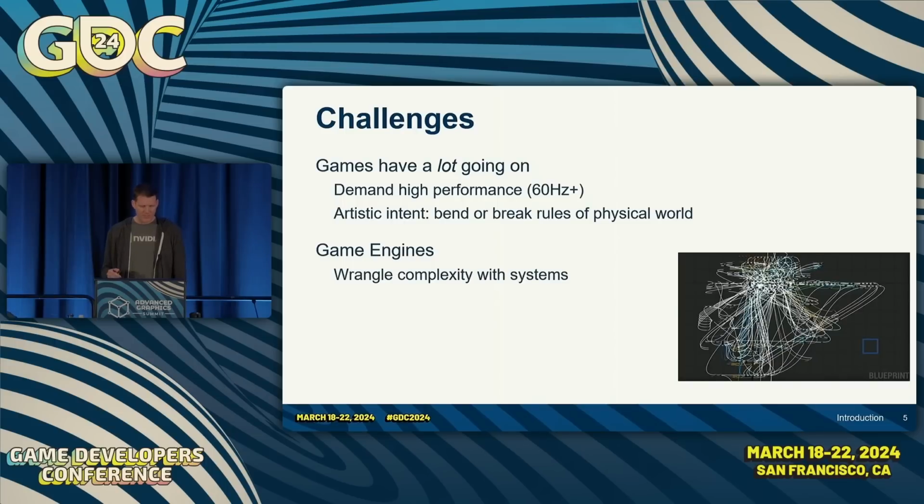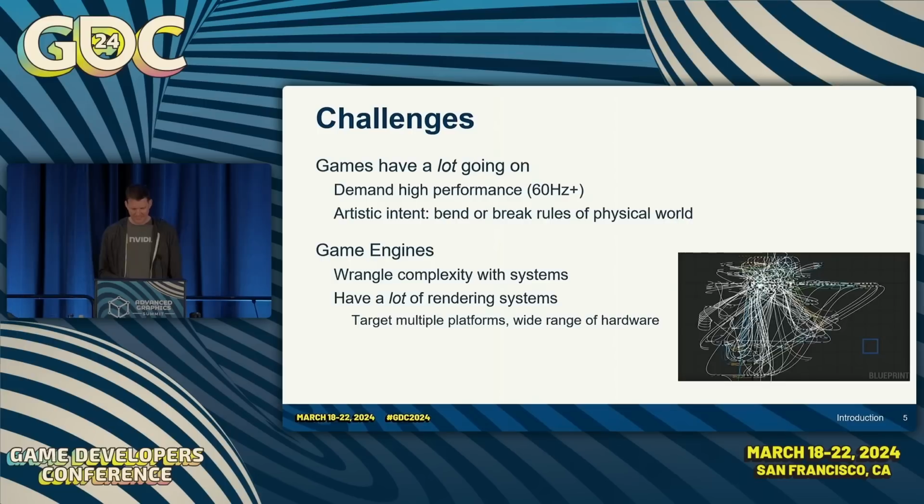And game engines, they wrangle that complexity with systems. And that means we typically have a lot of systems, especially in the renderer. And this is because we need to support multiple platforms. We've had other talks talk about consoles in addition to PC. And this can be a huge range of hardware that you ultimately have to address with the renderer.